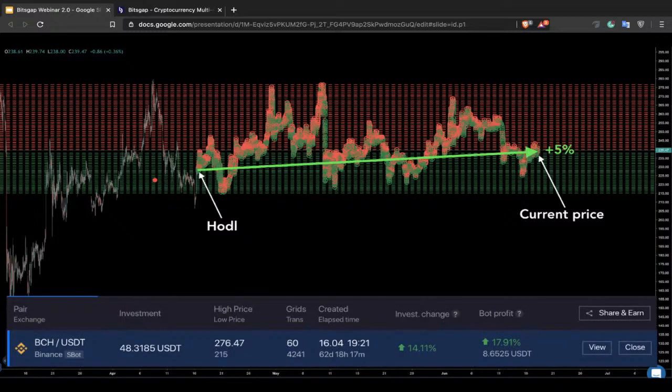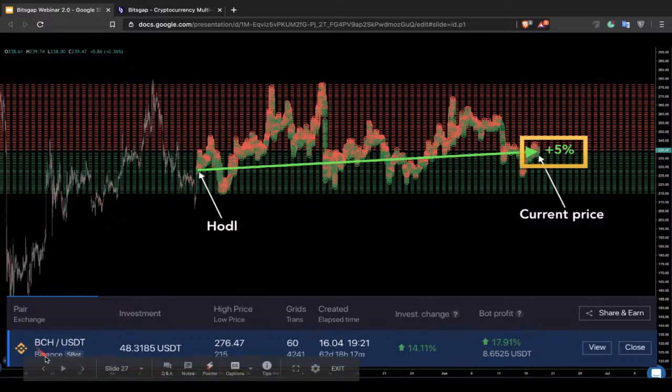Here's the example. Well, it's a sideways market, all right, with a quite wide zone. And here we go. If you would simply hodl your Bitcoin Cash from that point up to current price in this example, you would be only up by 5%.